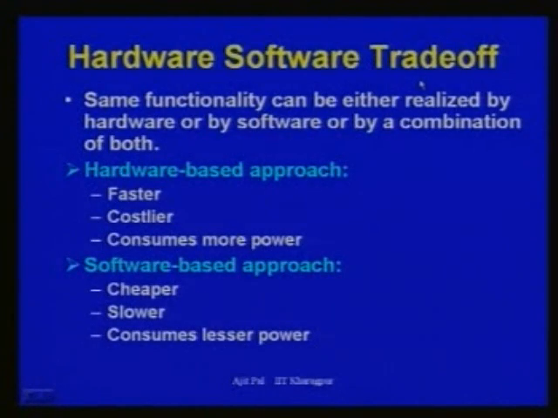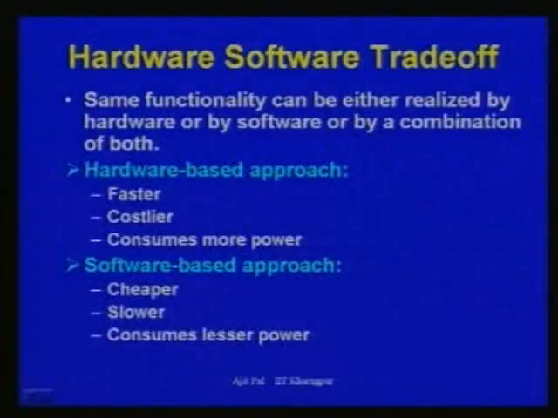What is hardware software trade off? Those who are designing some VLSI circuit, the first step to be performed is known as hardware software co-design. What it really means is which part you will realize by hardware, which part you will realize by software.